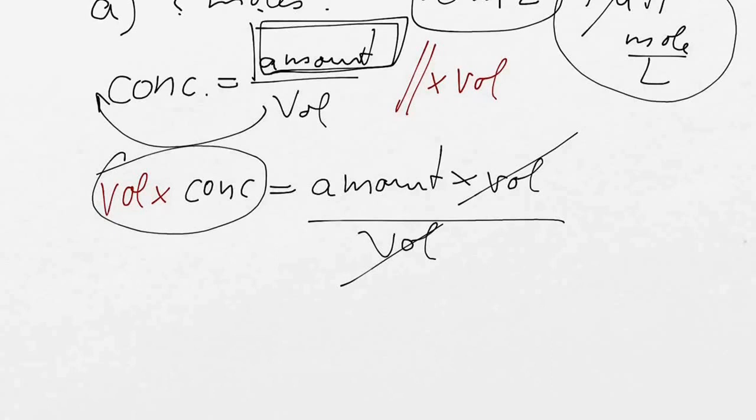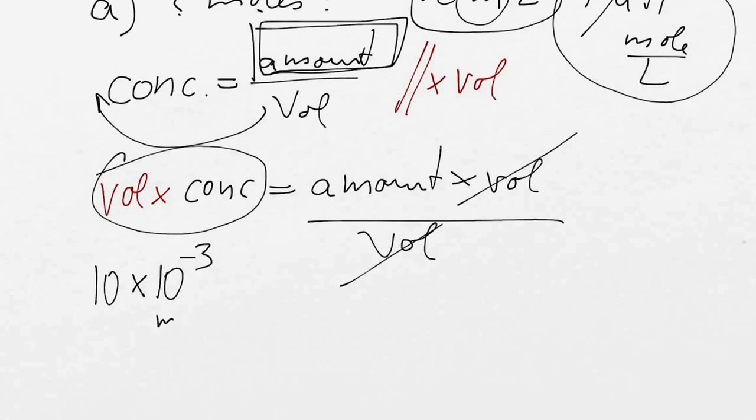And my advice would be always, always, always do it in the base units. So the base unit of volume is liters. We know that we have a milli here, so we have the volume as 10 times 10 to the minus 3. That is this milliliter.